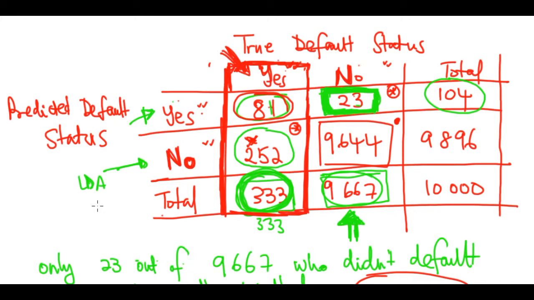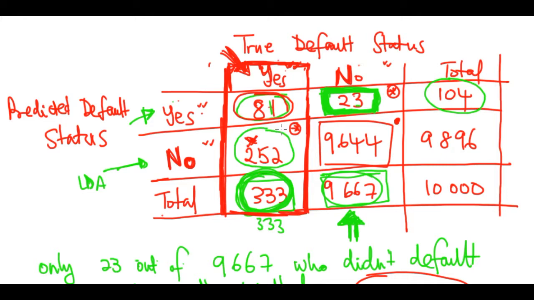When they sit down, they'll be like, which error has the most impact on our bottom line, right? A credit card company might then be more interested in avoiding incorrectly classifying an individual who will default, who is in this yes. So they're mostly interested in not wrongly classifying someone who is in this column. That's mostly what they're interested in, right?